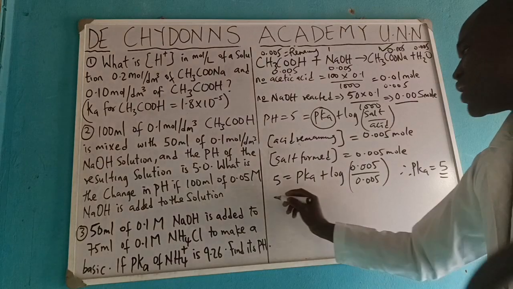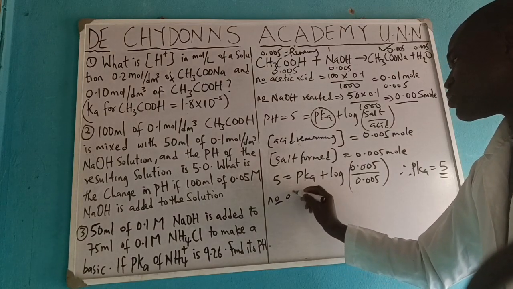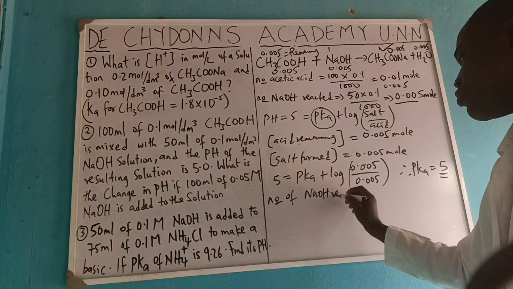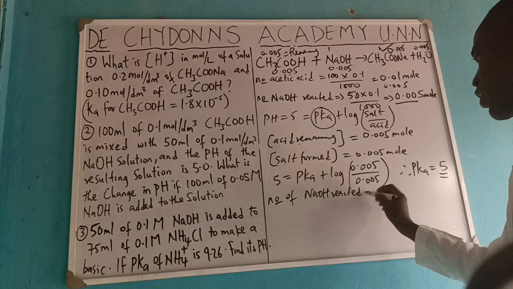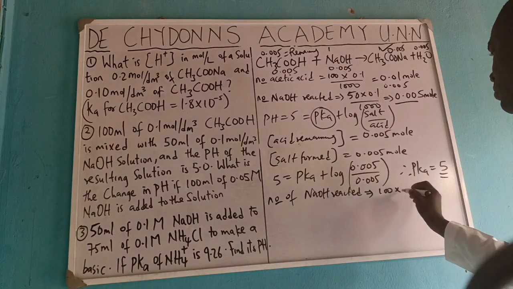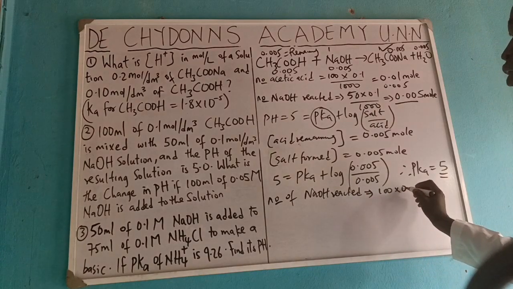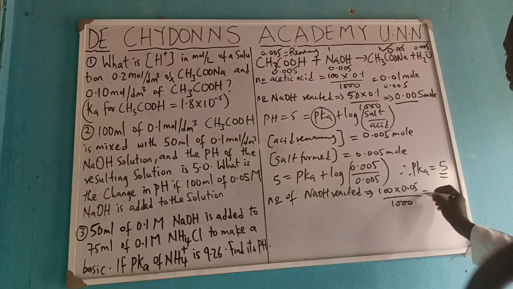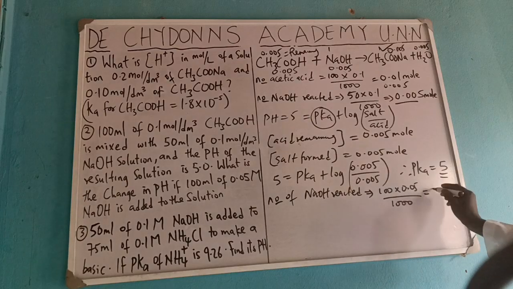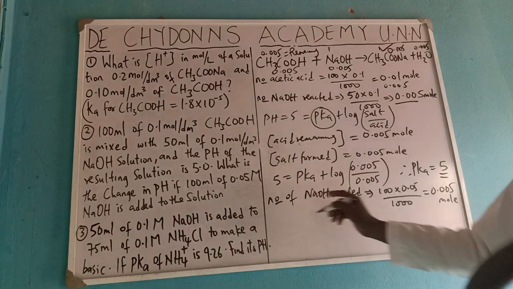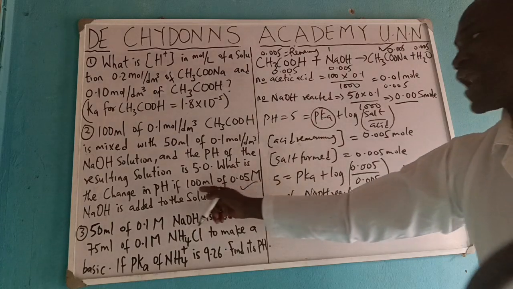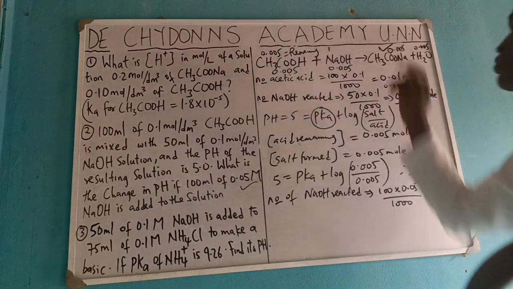Number of moles of sodium hydroxide that will be reacting equals 100 times 0.05 all over 1000. That will be giving you 0.005 mole. That is the number of moles of sodium hydroxide that will be reacting when you carry 100 ml of this and put it inside the same solution.